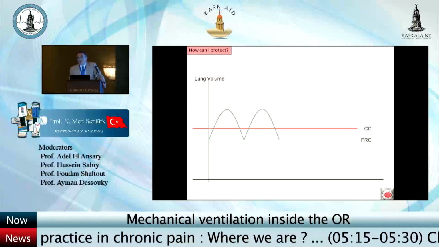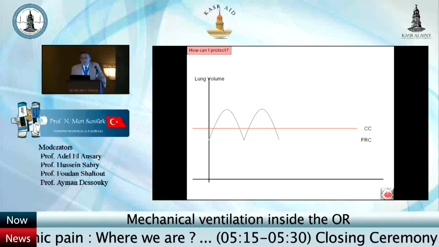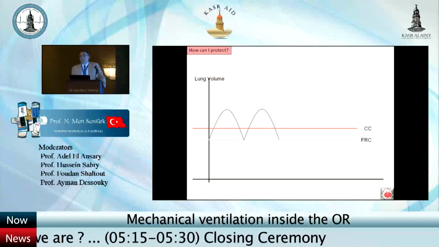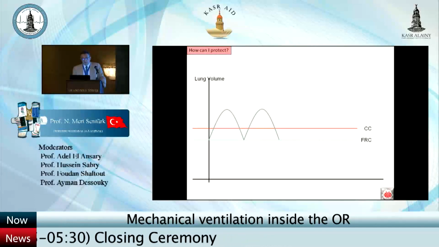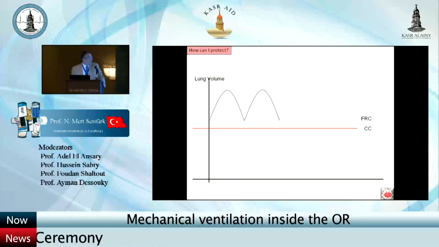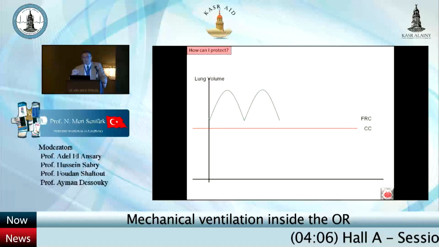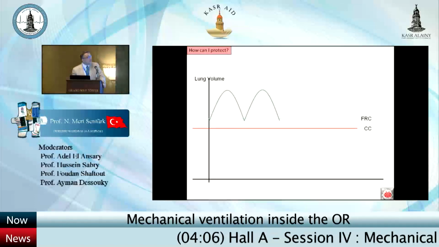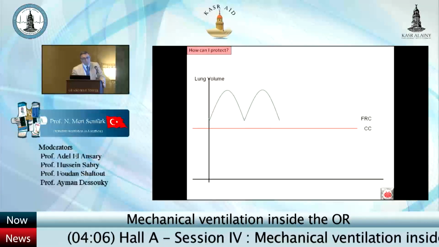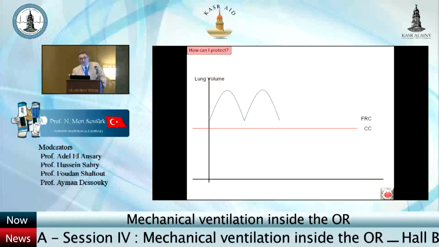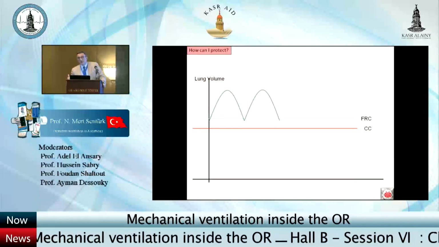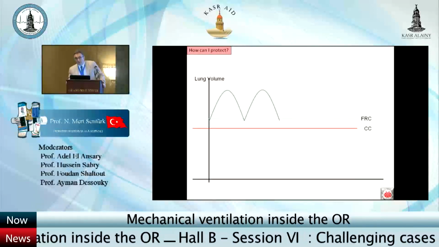Now what can I do? Instead of increasing the tidal volume, I can apply some PEEP. If I apply some PEEP, I can bring my FRC above the closing capacity. With the PEEP, as you can see, there is no cyclic opening and closing of the alveoli. The PEEP works for it.